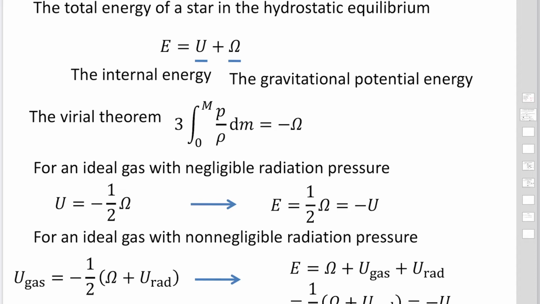This is the virial theorem. Then, for an ideal gas with negligible radiation pressure and for an ideal gas with non-negligible radiation pressure, we'd like to consider the total energy of a star.